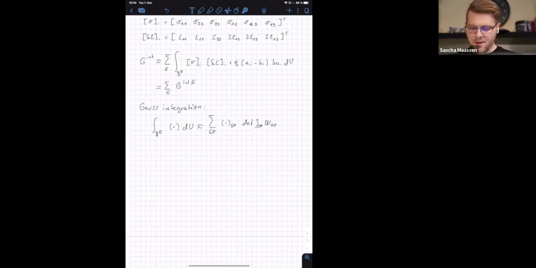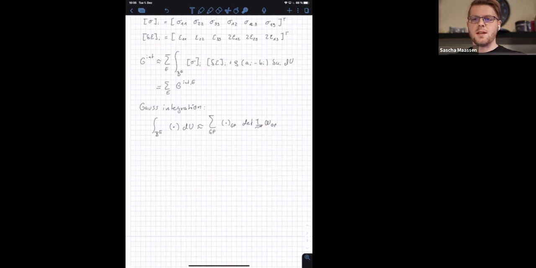So we will have a sum over all these integration points. We will have our integrand here evaluated at these points, multiplied with a certain weighting factor, which is also part of the integration point set, and multiplied with the determinant of the Jacobian.